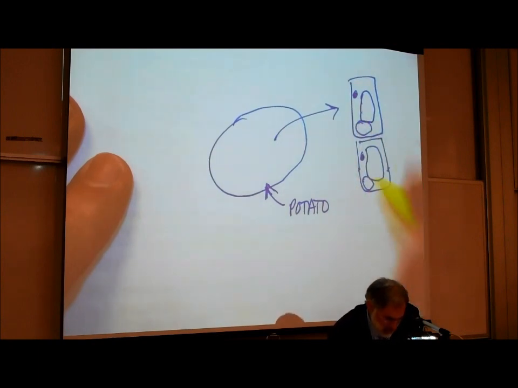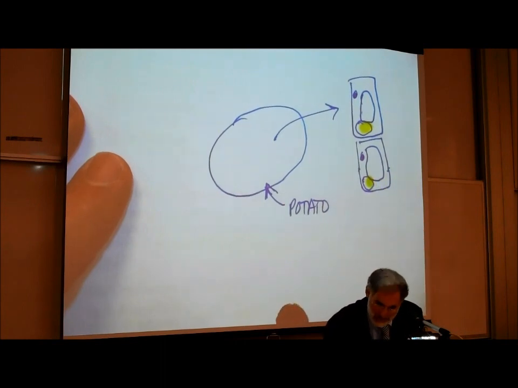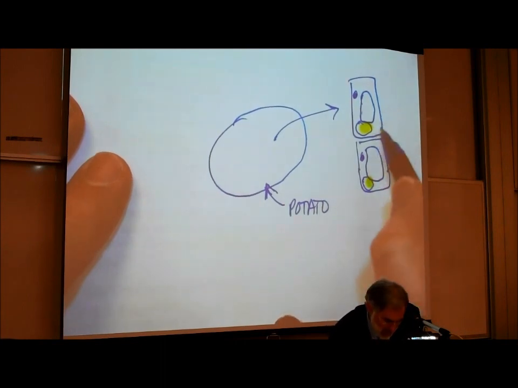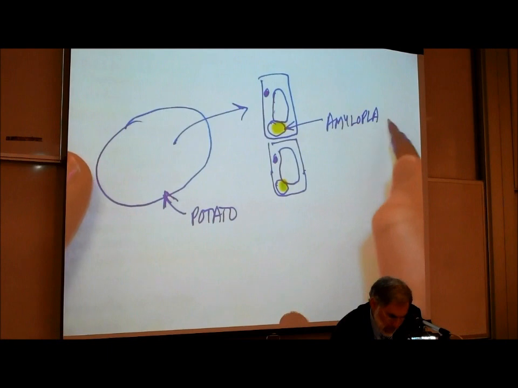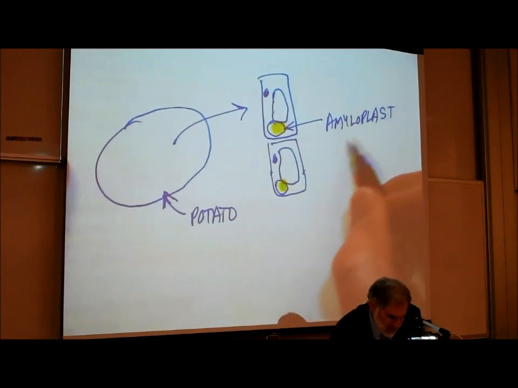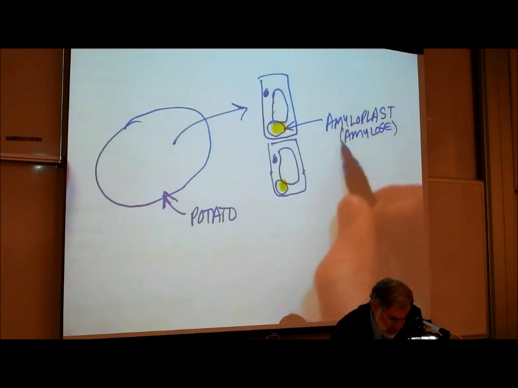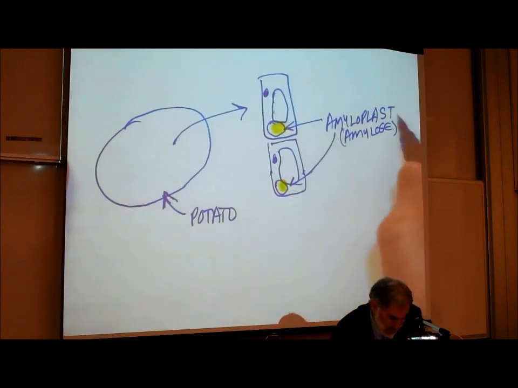All right, so I'm just coloring it yellow, but these are called amyloplasts or leucoplasts. An amyloplast means that it stores amylose or starch. So these are known as amyloplasts.